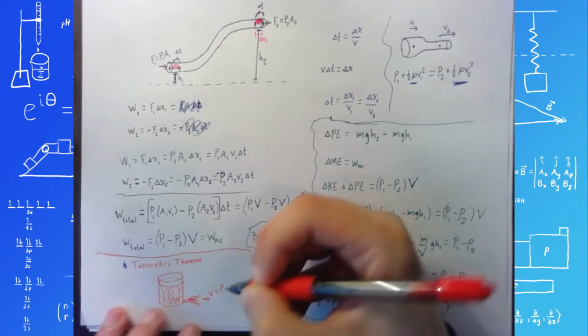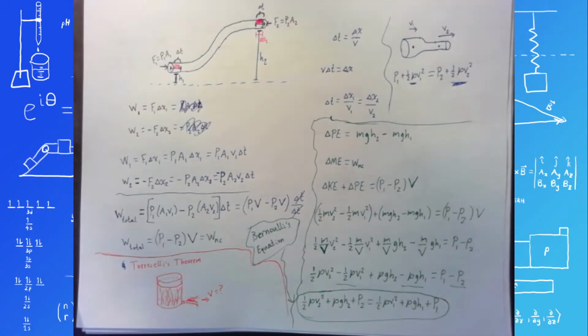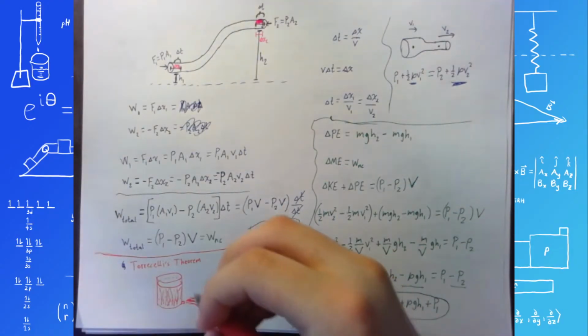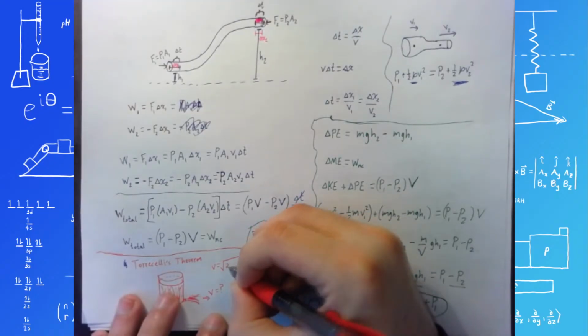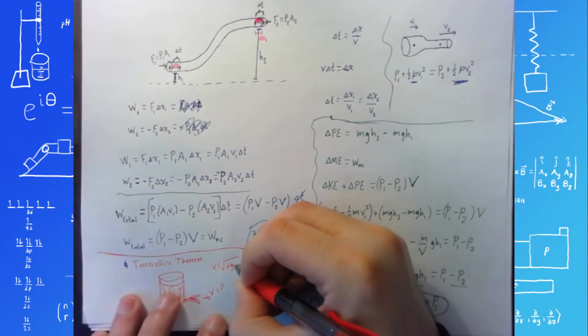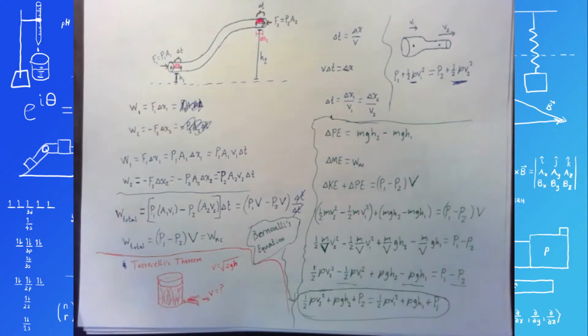velocity be down here? So Torricelli's theorem tells us that this velocity would be equal to the square root of 2g delta y, or h, whatever you prefer to call it over here. I'll just call it 2gh. This should look familiar to many of you.